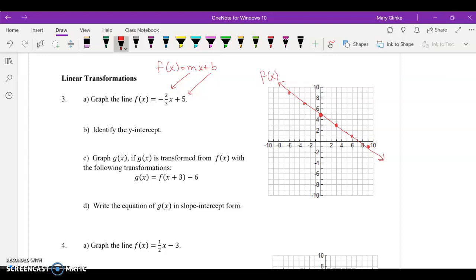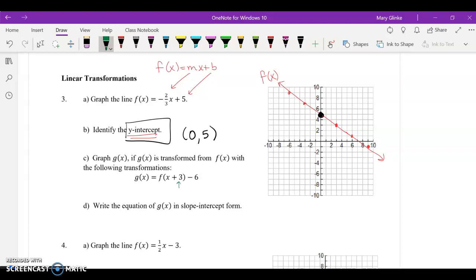The point we're going to be looking at specifically is the y-intercept. Everything from now on is going to look at that y-intercept. That's going to be the point we use to move all around. So we are at 0, 5. Looking at that y-intercept, we're going to draw a new function based off of the transformations that you see below. So g of x is just telling us, okay, graph a new function.